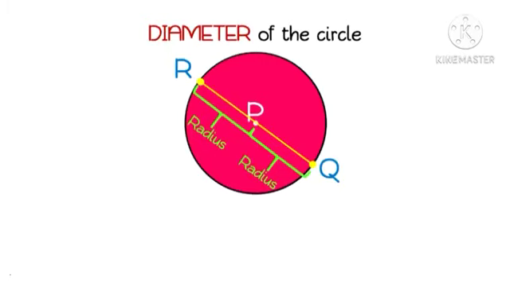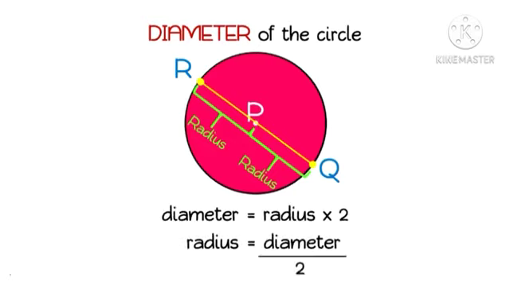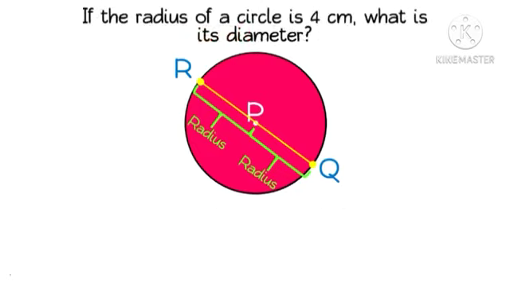Here we have formulas to find diameter and radius. Diameter is equal to 2 times radius and radius is equal to diameter by 2. If the radius of a circle is 4 cm, what is its diameter?